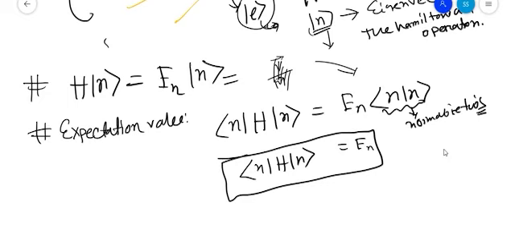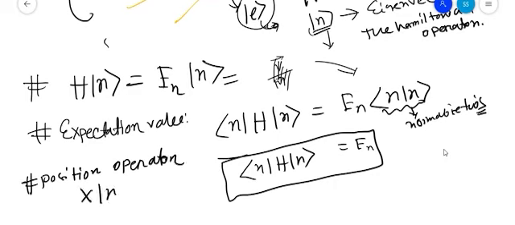If it was a position operator, denoted by x, and let's call its eigenkets small x, this would give you the small x, which means the position. The notations might seem a bit confusing, but when we deal with the numerical things, it will become clear.